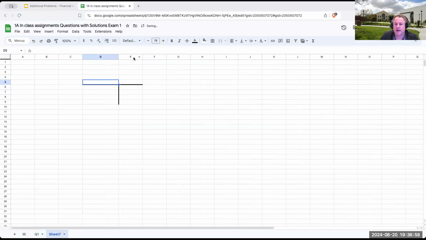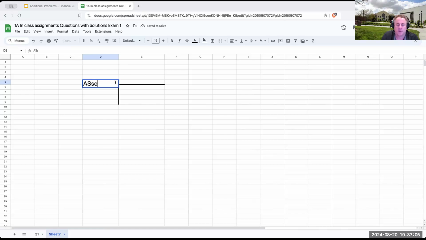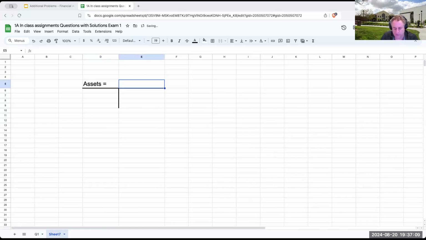When we're starting out, the grand equation, as it's often referred to, is assets equal liabilities plus owner's equity. This is what we call the balance sheet.